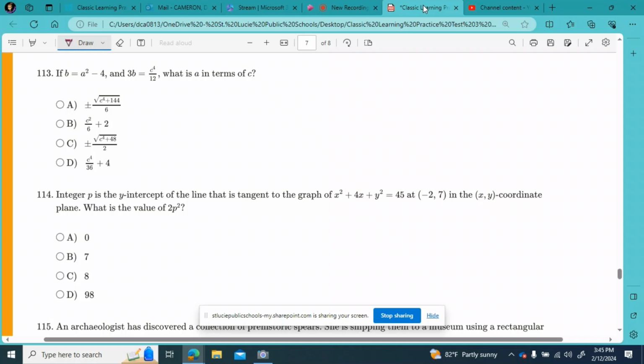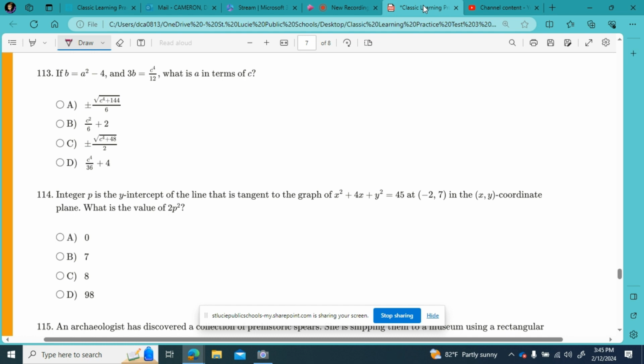We left off at question number 113, which says, if b equals a squared minus 4 and 3b equals c to the power of 4 over 12, what is a in terms of c?